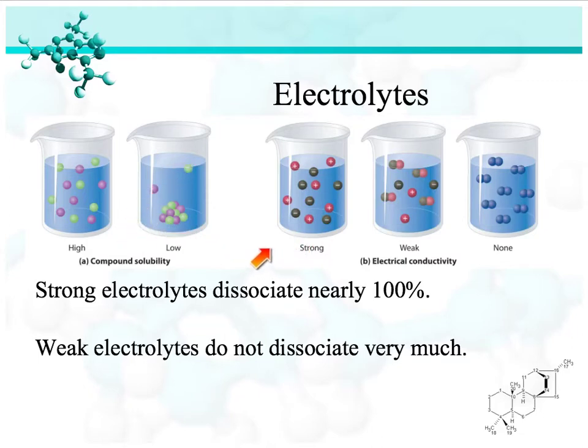Over here we have a strong electrolyte where all of the ions have been separated, so you see pluses and minuses. Over here we have a few of them separated, so that's your weak electrolyte. And over here, no separation of ions, in other words there are no ions present, that's a non-electrolyte. That's basically what this slide is referring to.